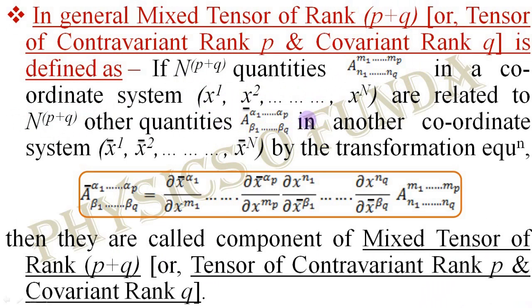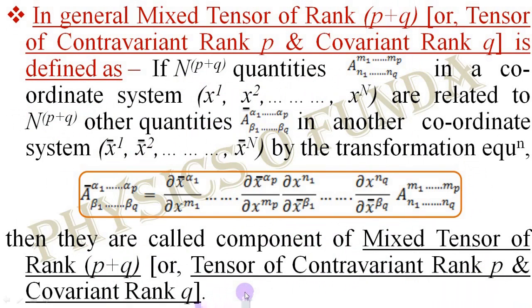All these terms are considered in the barred coordinate system. If we connect these two sets by the transformation equation as we saw on the screen within the block, then those are called components of a mixed tensor of rank p plus q. Alternately, this kind of tensor can be termed a tensor of contravariant rank p and covariant rank q.